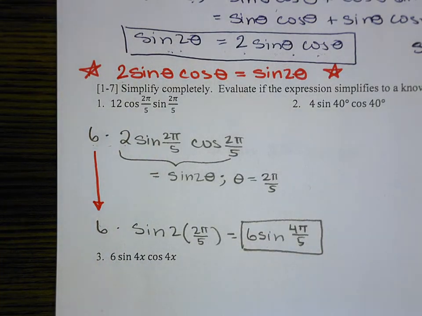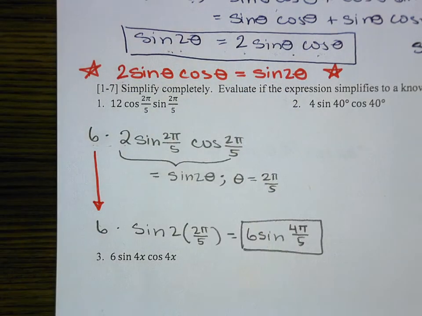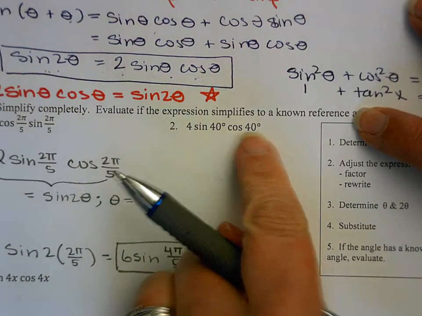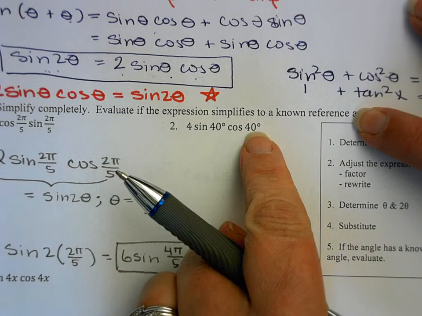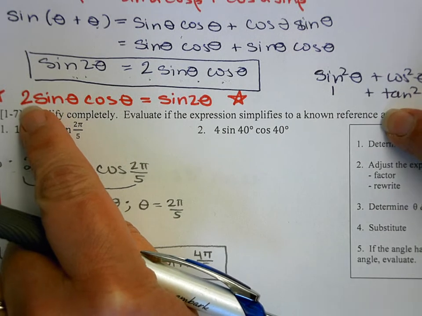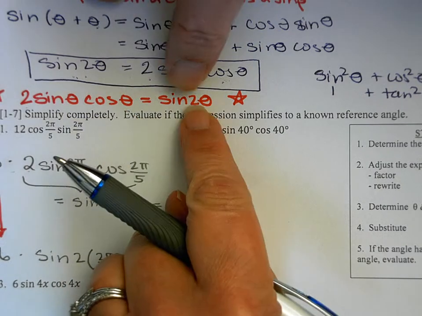Okay, so let's do another one. Let's take a look at question number 2. Same idea: I have a product of sine and cosine with matching angles. I need that 4 to match the identity too, because I'm looking to make it mirror this identity side over here and convert it to this identity here.